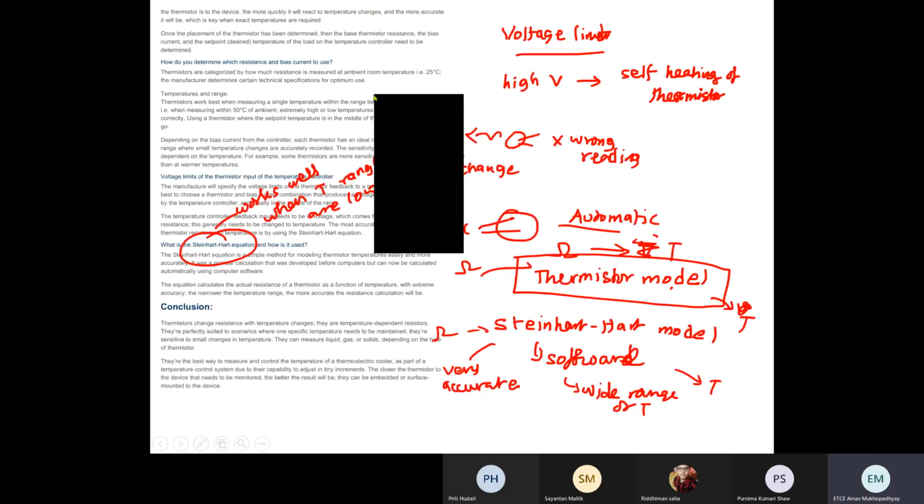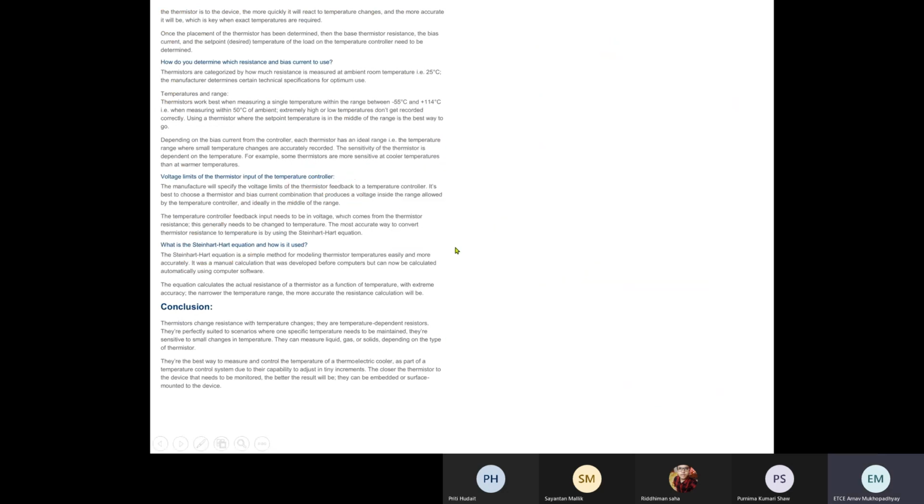So in conclusion, we can say that a thermistor is a device whose resistance changes when temperature changes. So it's a thermally dependent resistor. And they are perfectly suited for scenarios where small changes in temperature need to be measured.